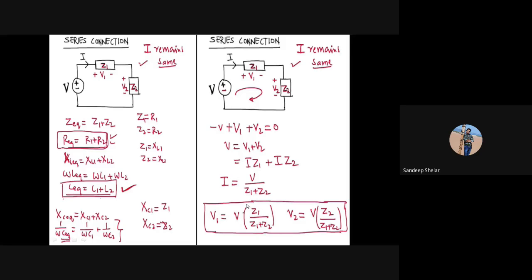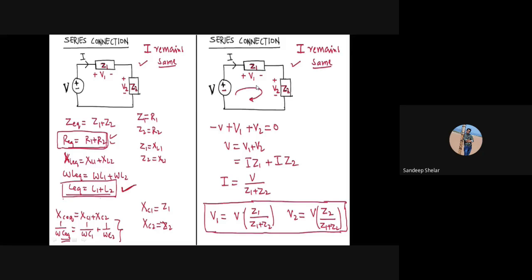This is the voltage V1 across impedance Z1. Also the voltage V2 across impedance Z2 is V into Z2 upon Z1 plus Z2.